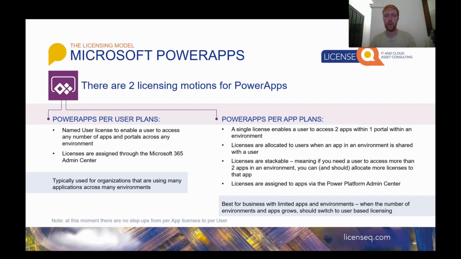It is assigned to that user that is accessing that application. And then you cannot assign that license to someone else for a 24-hour period. Unless that user keeps using that application, obviously, because then you would need to keep assigning it.